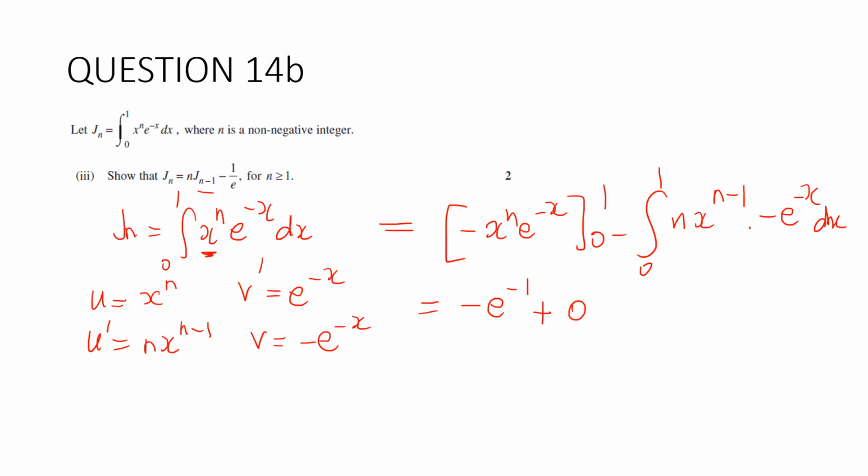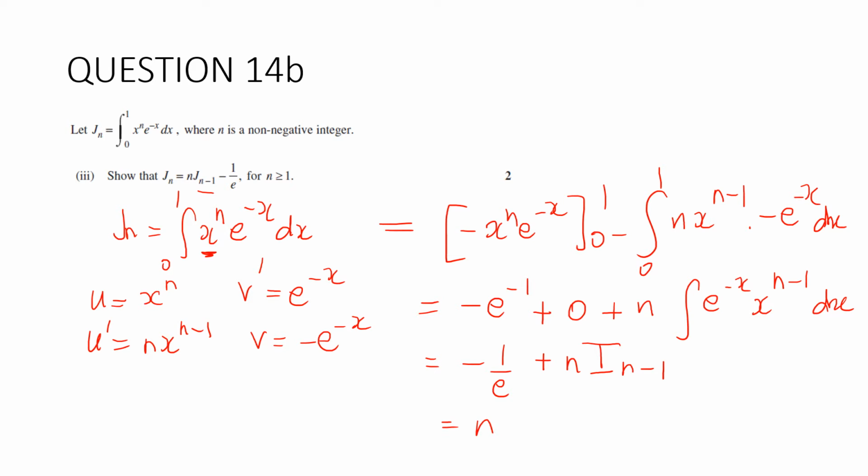I'm going to join those negatives together, plus bring the n outside, e to the negative x, x to the n minus 1 dx, which is equal to negative 1 on e plus n J n minus 1. And we've probably got it at that point: n J n minus 1 take away 1 on e.